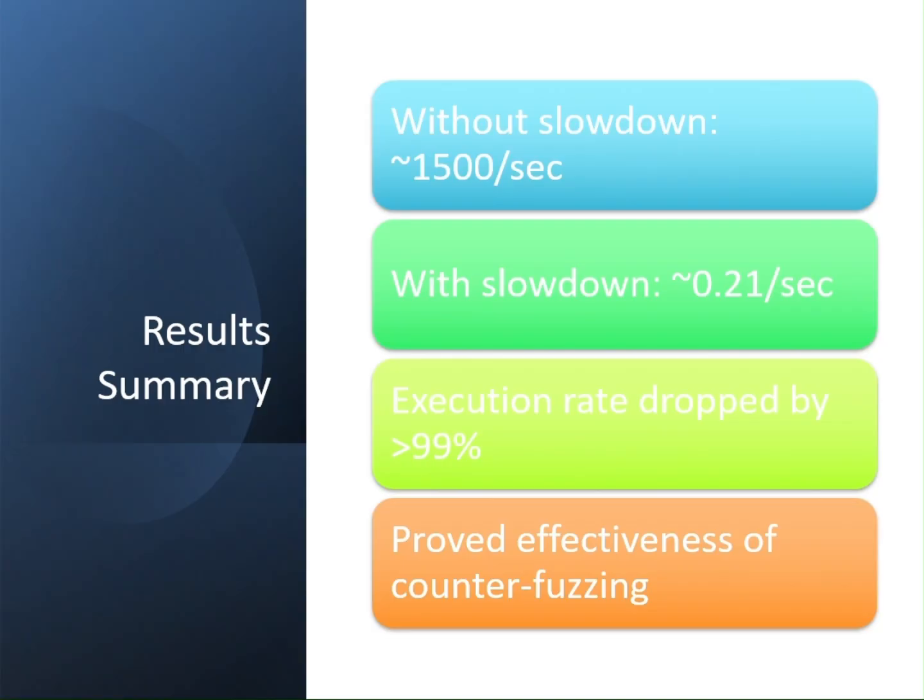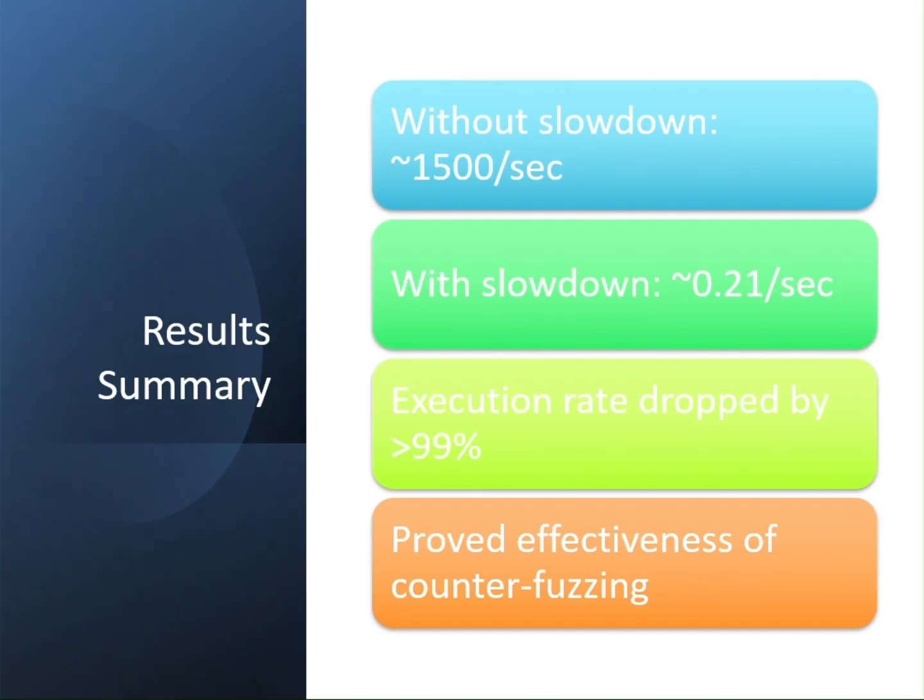So, given the result summary, the demonstration obviously confirmed that our counter-fuzzing logic had the intended effect. With the environment flag off, the fuzzer ran at full speed, and it was unhindered. However, with the flag on, we saw an astronomical drop in speed.